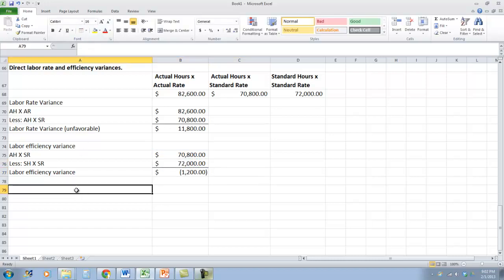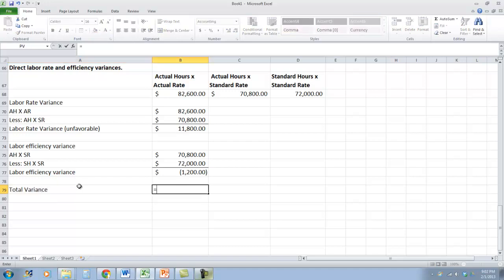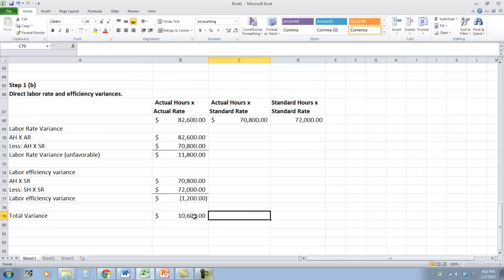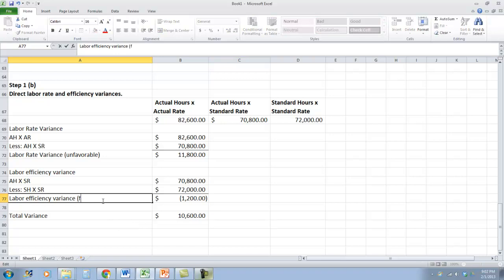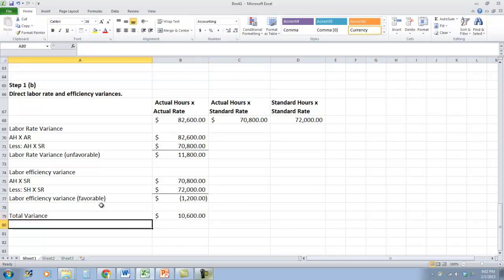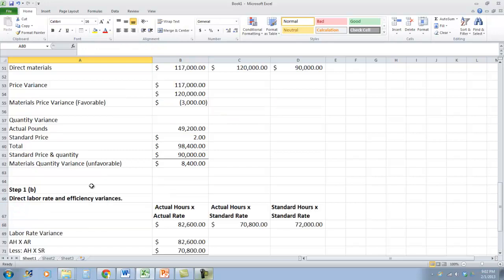So actually we were more efficient than we planned, but the labor costs more per hour than we planned. So total variance equals this plus this, 10,006. So this was a favorable variance. All right, moving on to C.